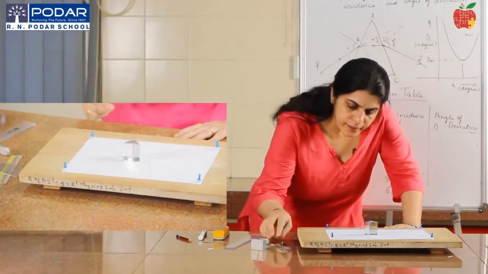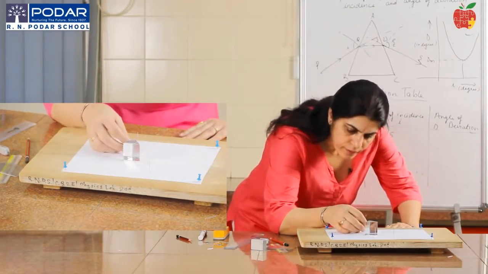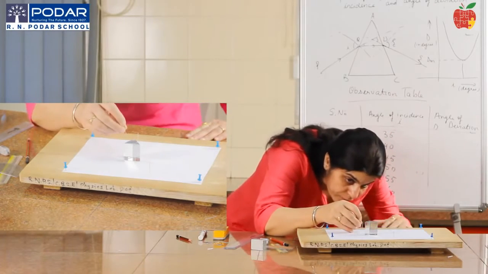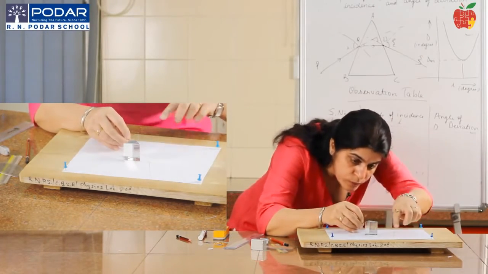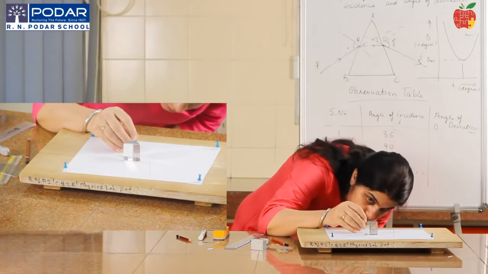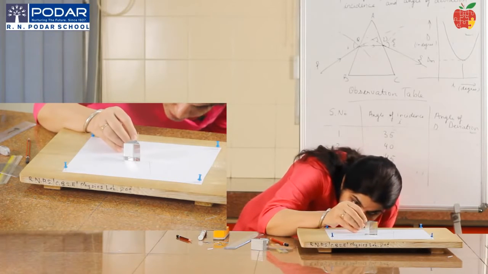Take the third pin, here you can see. We place this third pin in such a way that we see the images of the two pins on the incident ray and the third pin, so that all three lie in the same straight line.